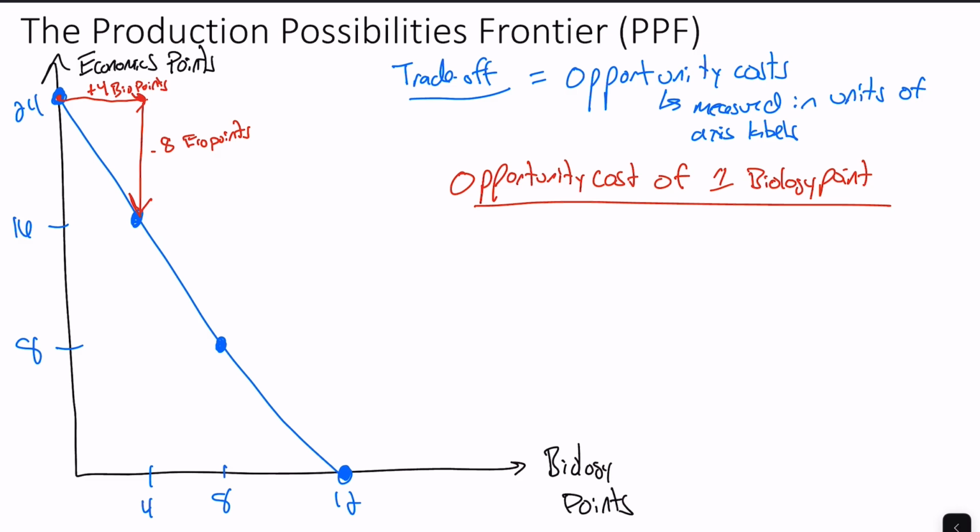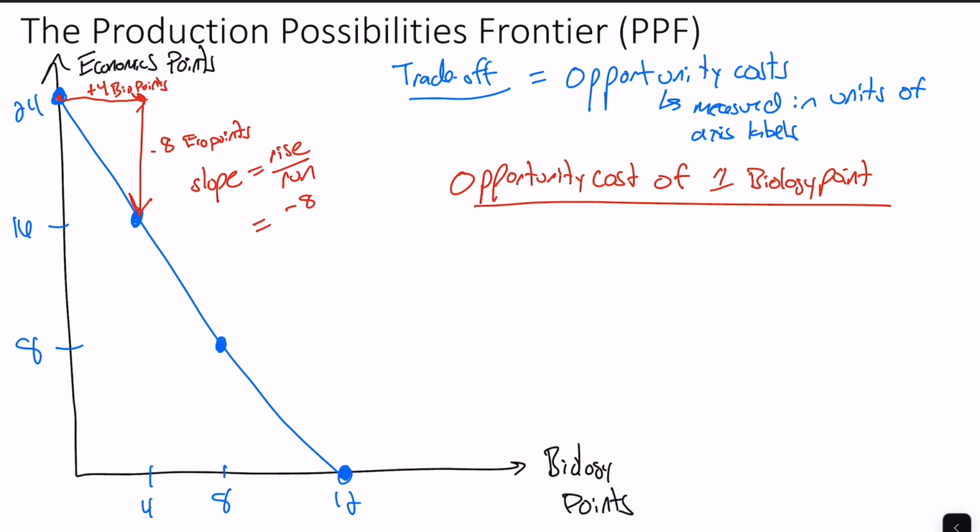Now, if we want to change this into a single biology point to get the opportunity cost of a biology point, we want to think about rise over run going in this direction. Okay. All right, so slope of our line is going to be rise over run. The rise part is going to be the change along the y-axis, and so for us here, that's going to be -8.